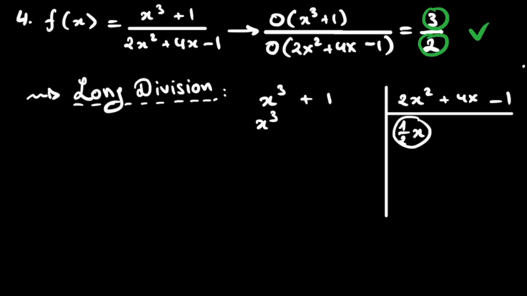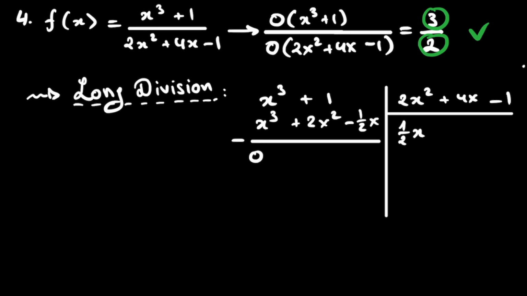Then we have 1/2 x multiplied by 4x, which of course becomes plus 2x squared. And then to end off, we have 1/2 times x times minus 1, which is simply minus 1/2 x. Then we subtract both of these polynomials to get 0, minus 2x squared, plus 1/2 x, plus 1.